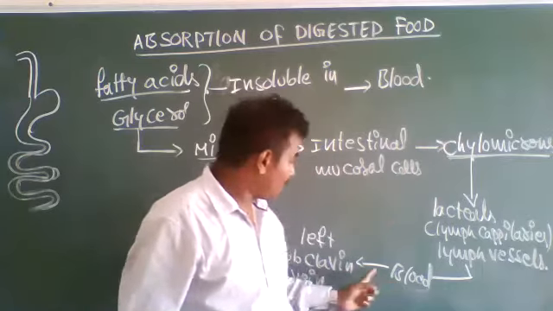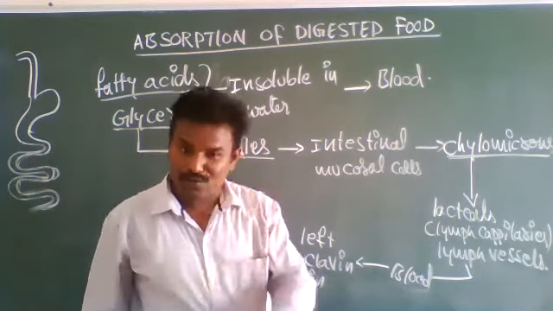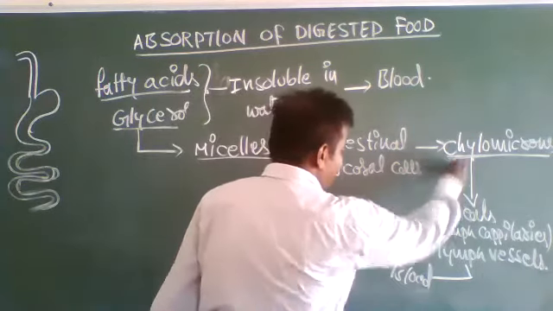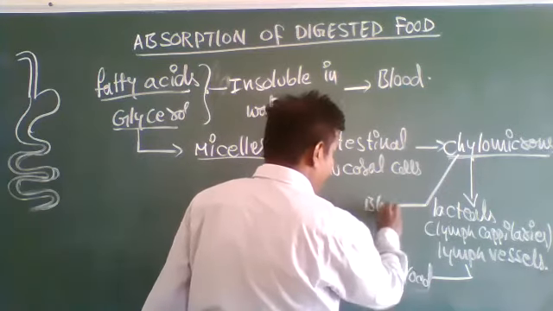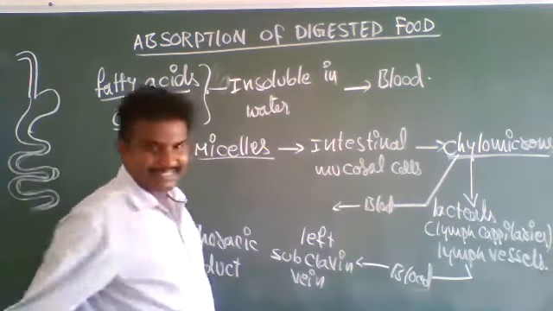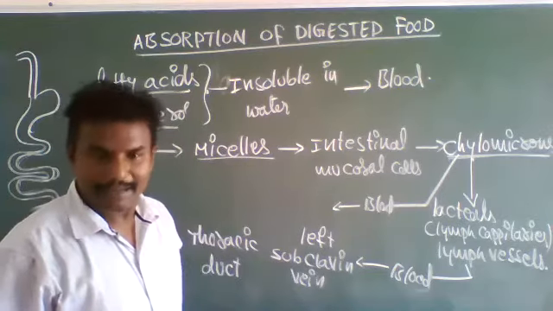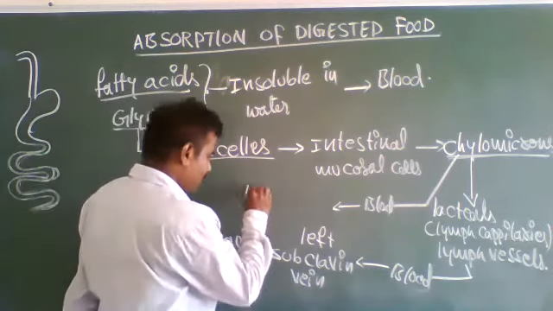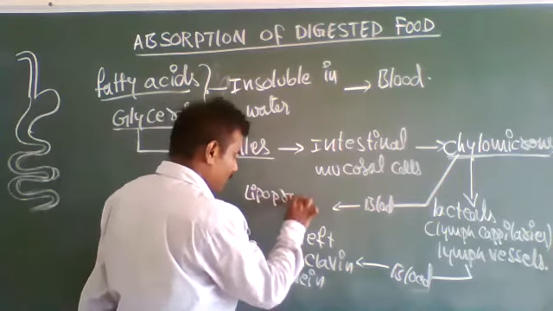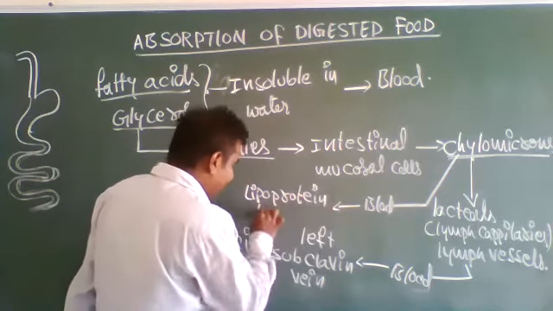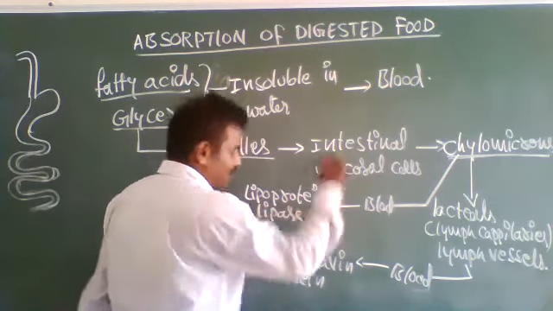So these chylomicrons in the blood are broken down into small particles by the lipoprotein lipase enzyme.